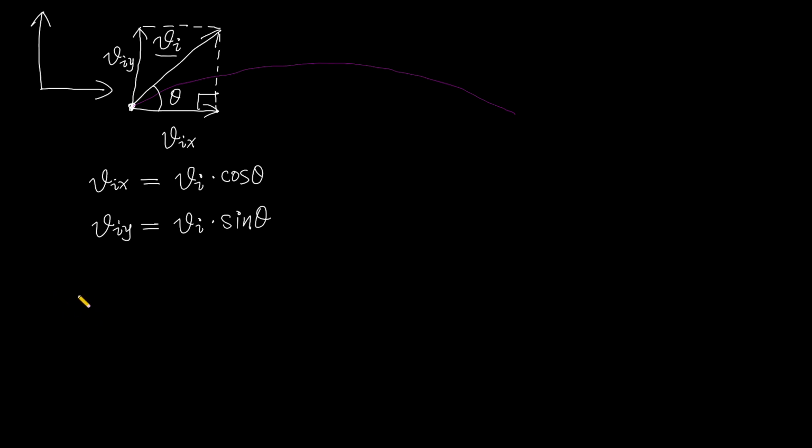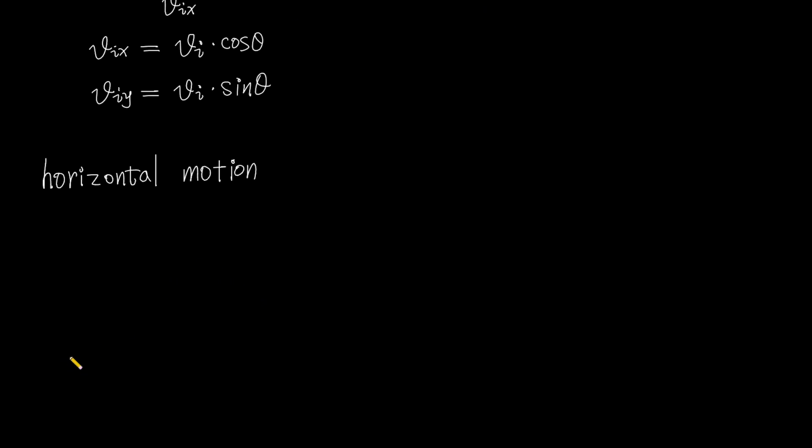So the projectile motion can be separated into one is horizontal motion, and the horizontal motion has a constant velocity, and the other is a vertical motion, and the vertical motion has a constant acceleration, and its acceleration is just the gravitational acceleration, and we use the letter g to represent it, and this equals 9.8 meters per second squared.